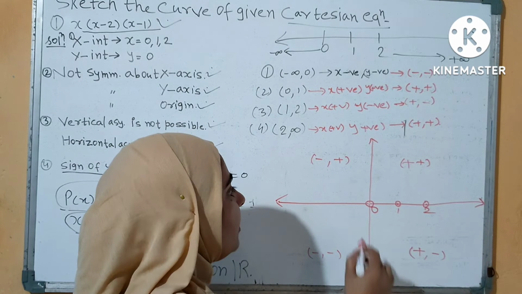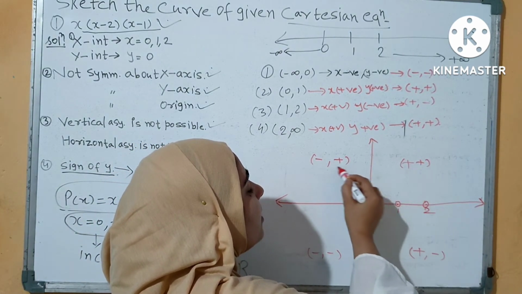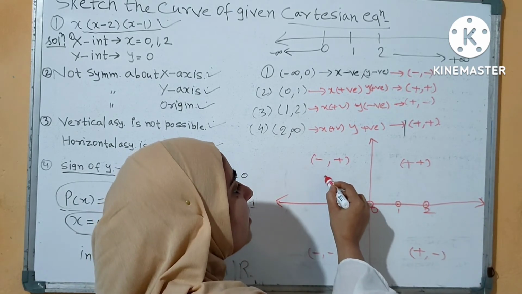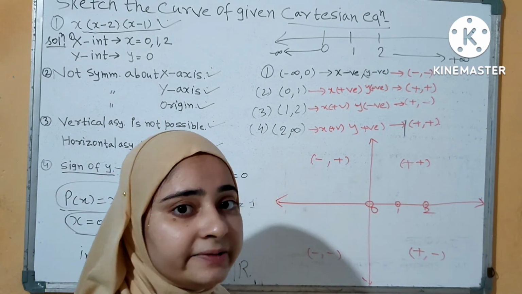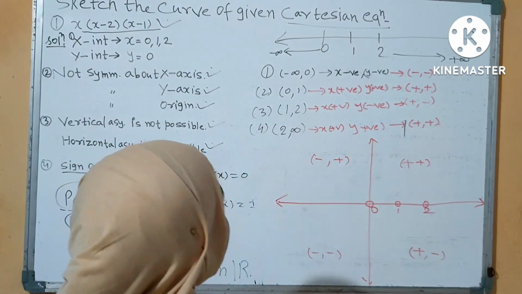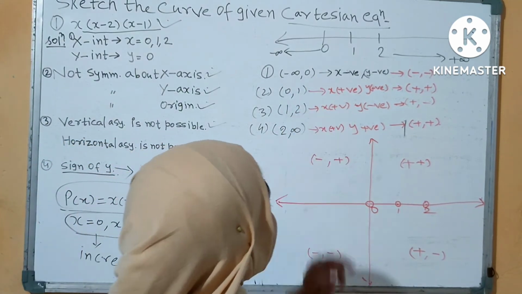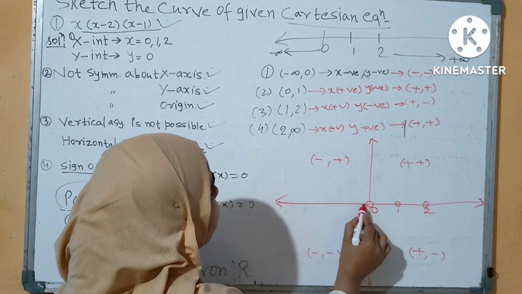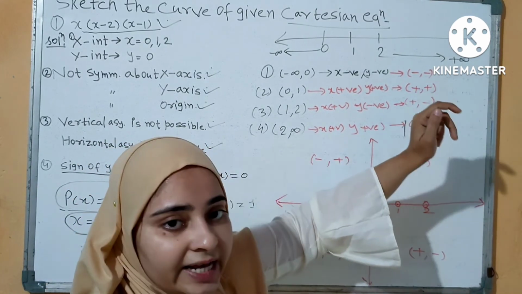And if you have a horizontal asymptote, suppose y is equal to 1 is your horizontal asymptote, then your graph will come here. Understand? So come to the next point. Here we have done all those things. So in minus infinity to 0, that is, in this interval, your graph will come into the negative.